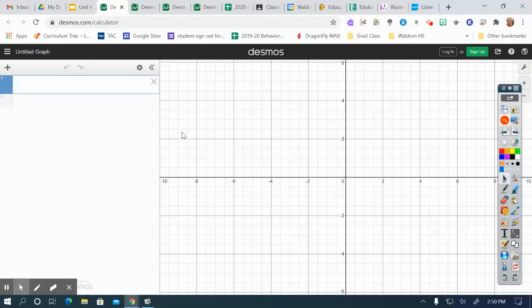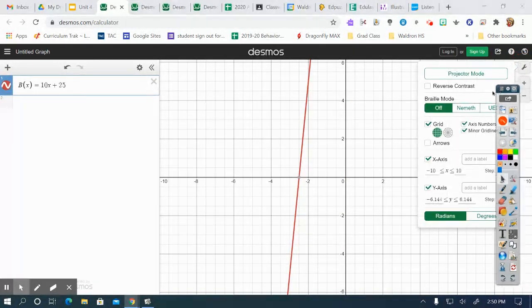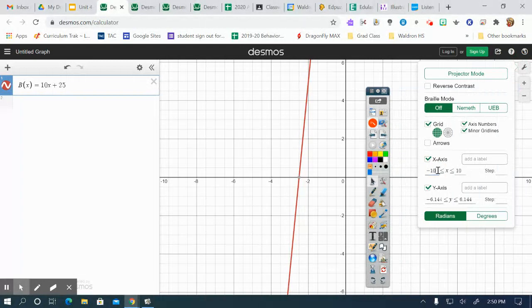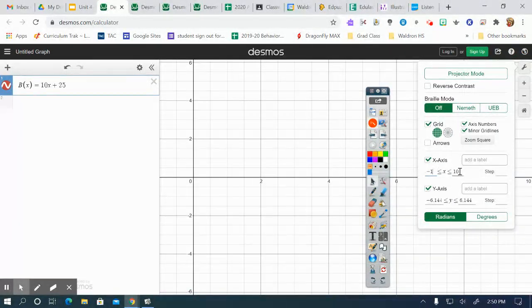So we can graph those, and we can just type the function into the calculator. So we have b of x equals 10x plus 25, and I can see the graph. We can even change the x and y intervals here so that we can see it a little clearer.